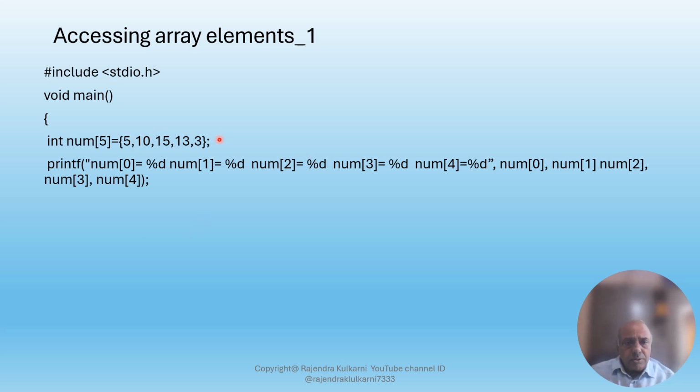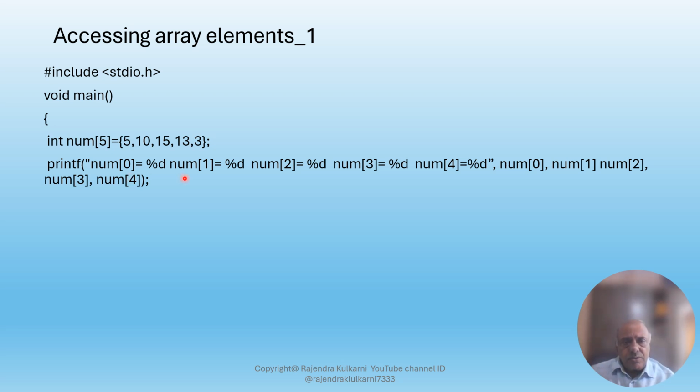Now how to access each constant stored in an array? It is simply by subscripts. num[0] will be accessing the first element of the array, which happens to have a value of 5 stored in it. Int constant 5 is stored in element number 0 of the array num.